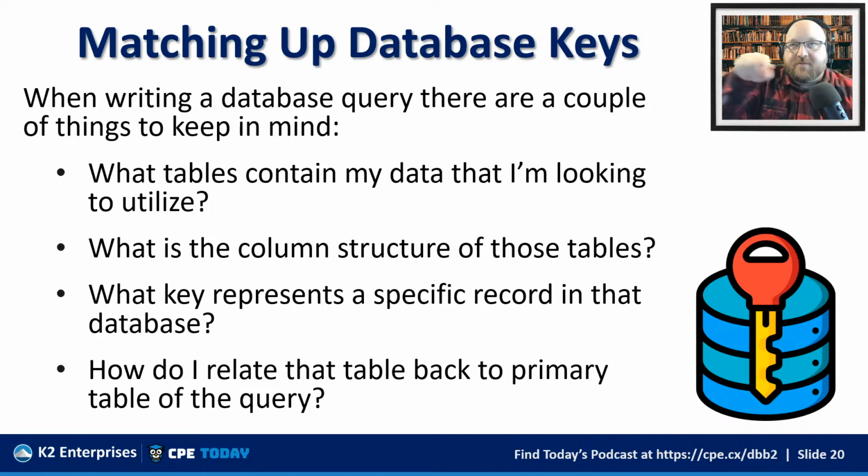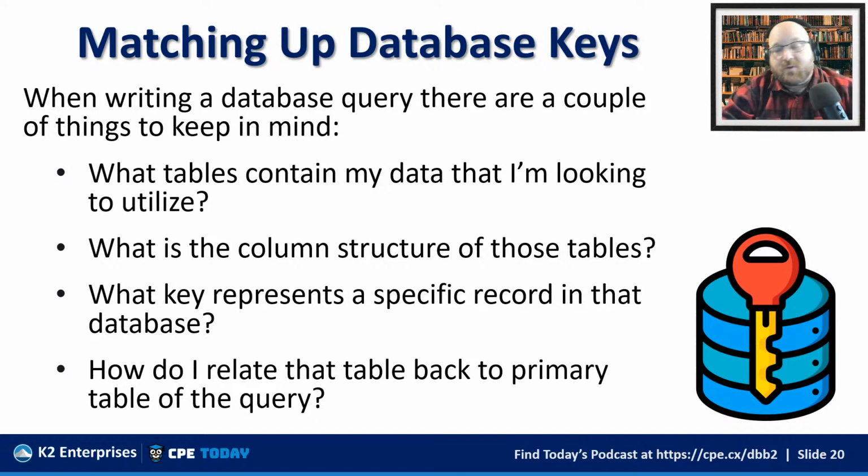But think of how you're going to walk the sky bridge between the different databases to tie it all together, and it's going to be through relating these different keys. How do I relate whatever table I'm working with to the primary key of whatever table I'm looking to use?